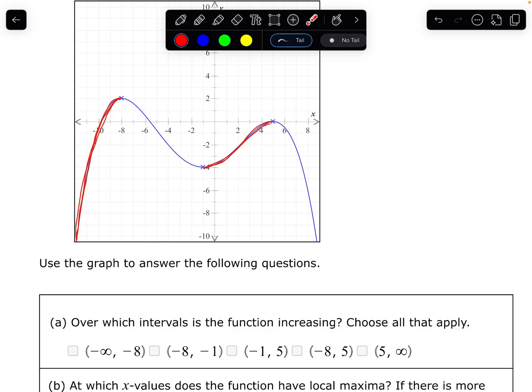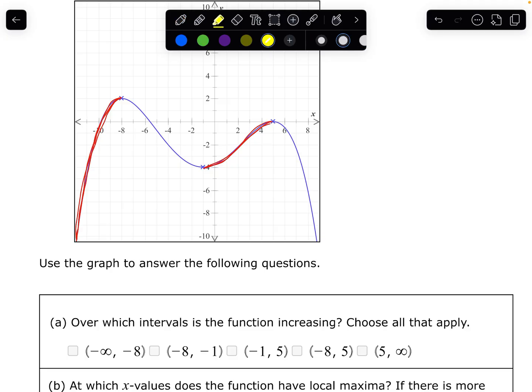So the function is actually increasing all the time from the left side up until it gets to this point right here. And so that would mean that it would be increasing from the x value, so as far left as you can go, which we call negative infinity, all the way to -8.